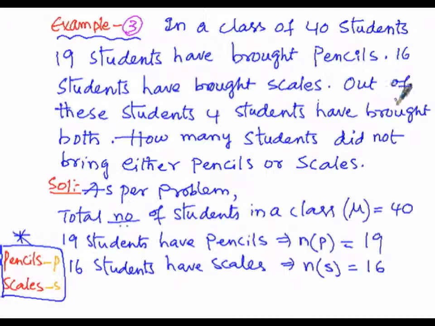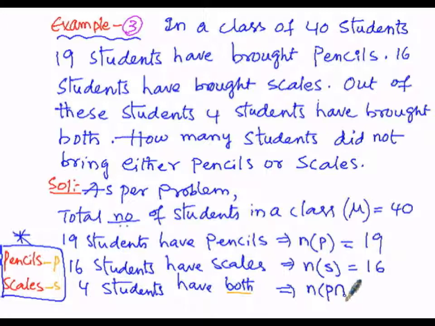Out of these students, 4 students have both pencils and scales. This statement can be written mathematically as the number of students who brought pencils and scales, P denoting pencils and the symbol for intersection, n(P ∩ S) = 4.